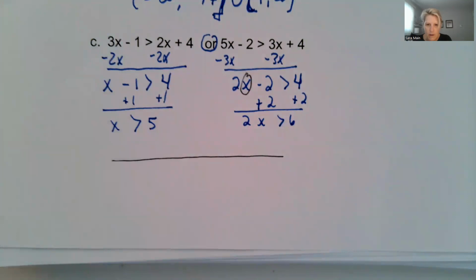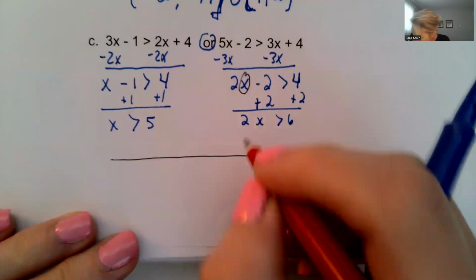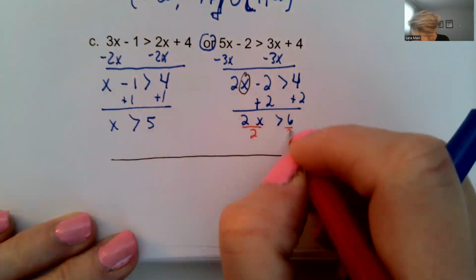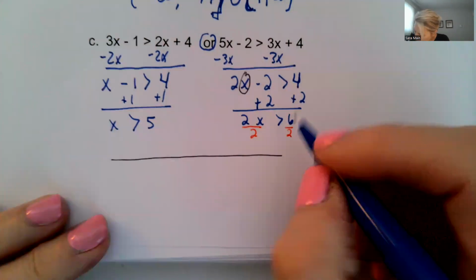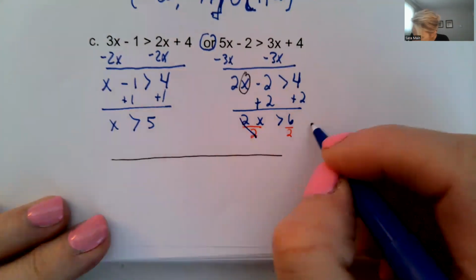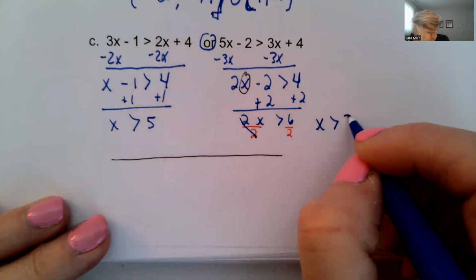And then that leaves us with dividing by 2. And the 2's cancel, so we have x is greater than 3.